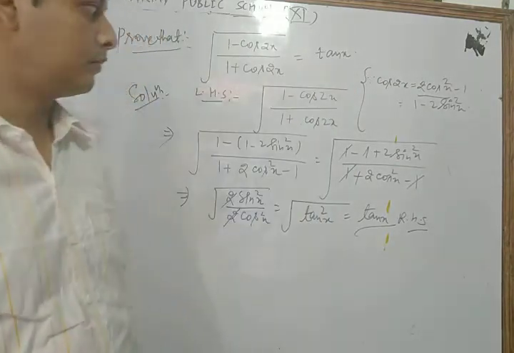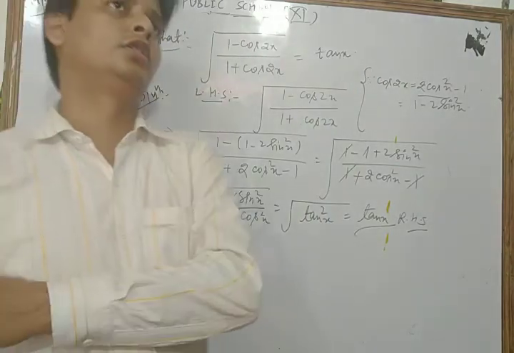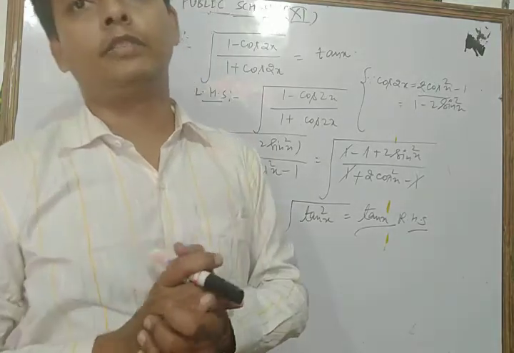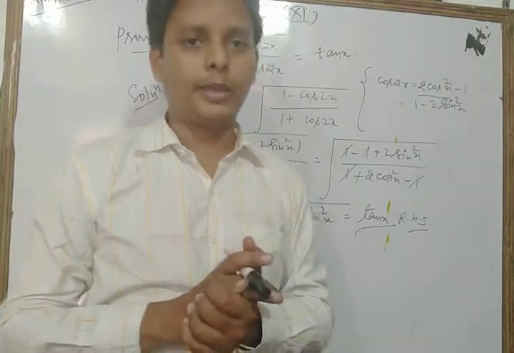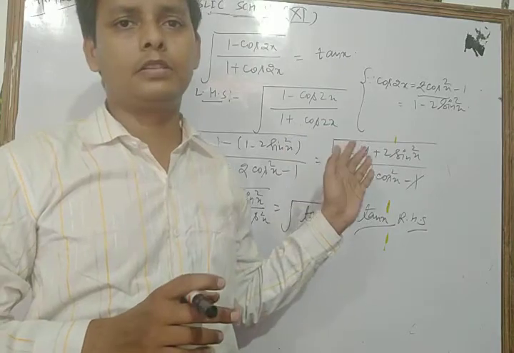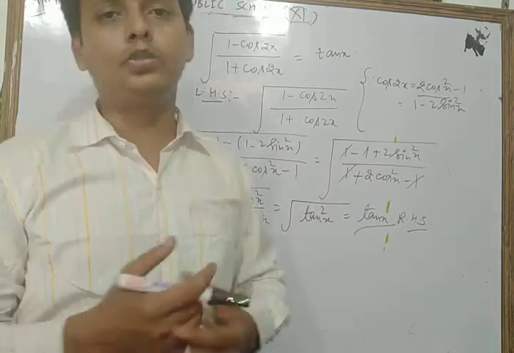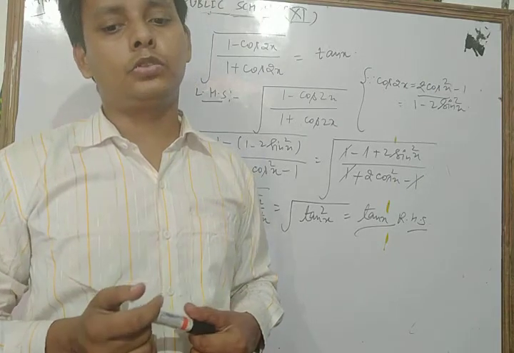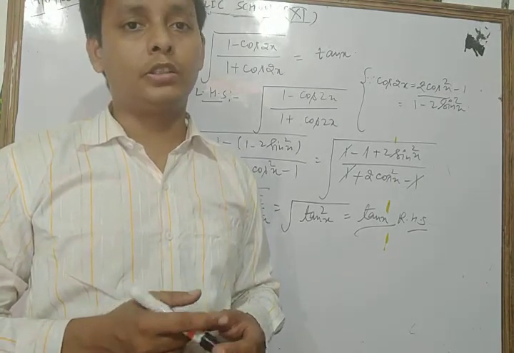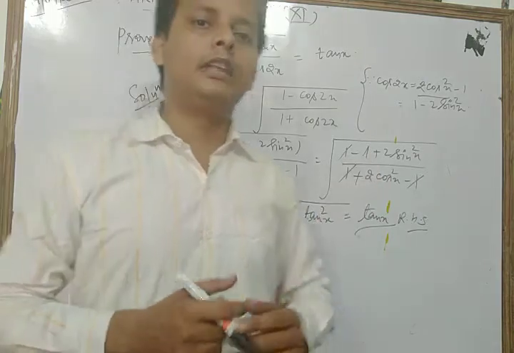So dear students, first you learn each and every formula of your syllabus which is given in your textbook. Then you can solve all the questions of trigonometric functions based on these identities.